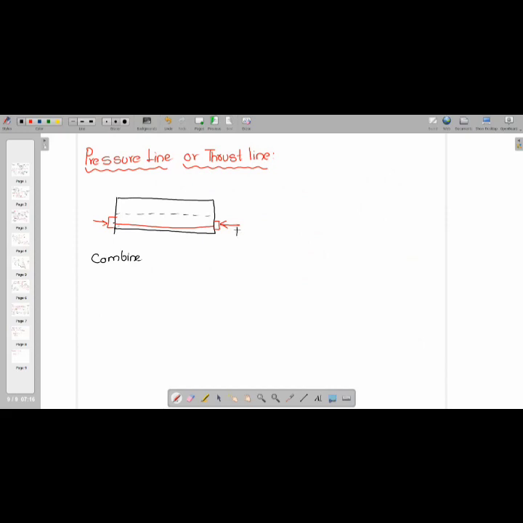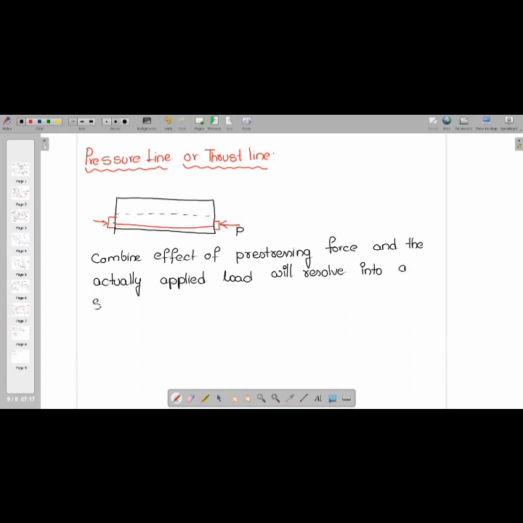The combined effect of pre-stressing force and the actual applied load will resolve into a single force.